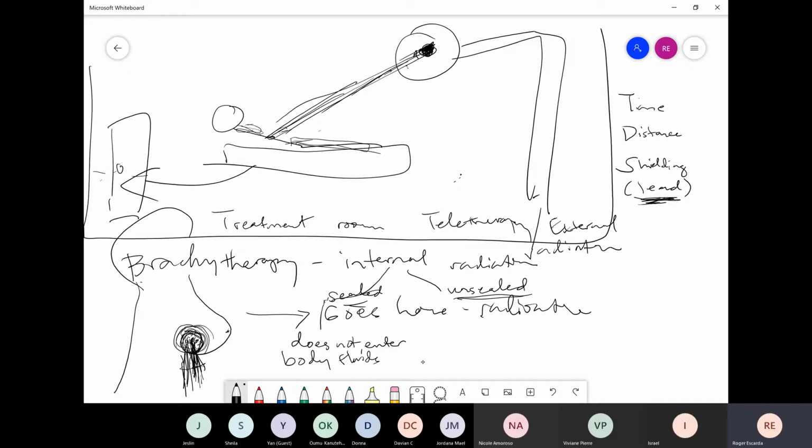So going back to internal radiation, because this is sealed, it does not enter body fluids. They do that for a reason, because the dose is higher here. Higher dose in sealed. We cannot stay too close to the patient, so we're gonna have to stay only 3 feet.